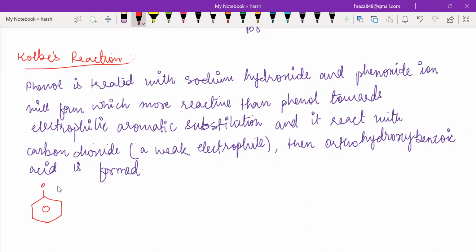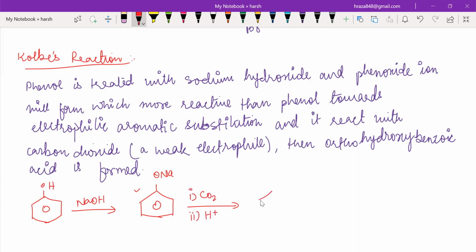So you can see, if you treat this phenol with sodium hydroxide, it will give you phenoxide ONa, which is more reactive than phenol. So when CO2 comes near this, in the presence of acid, what will happen? First, Na will be replaced by H, so it will be OH, and there will be COOH.